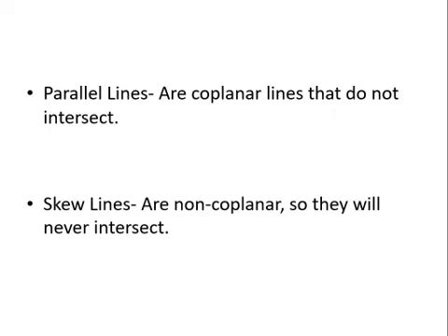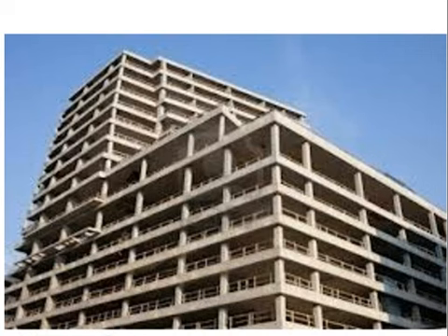If we look back at this image, all of these going horizontal are your parallel lines. The ones all going vertical are also parallel. They're on the same plane, they're never going to touch. Your skew lines would be a line that goes along this front side, and one of the ones going vertical along the back side.